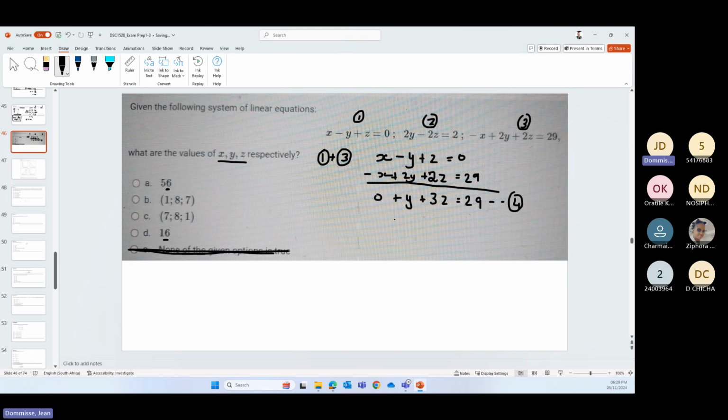Formula 2, I look at that, 2y minus 2z is equal to 2. So let's see, what will I do to make that? There's a y, 2y, so that might be nice to cancel out.